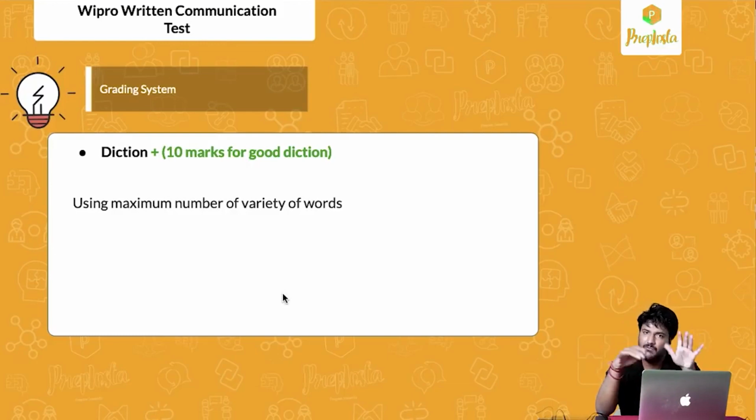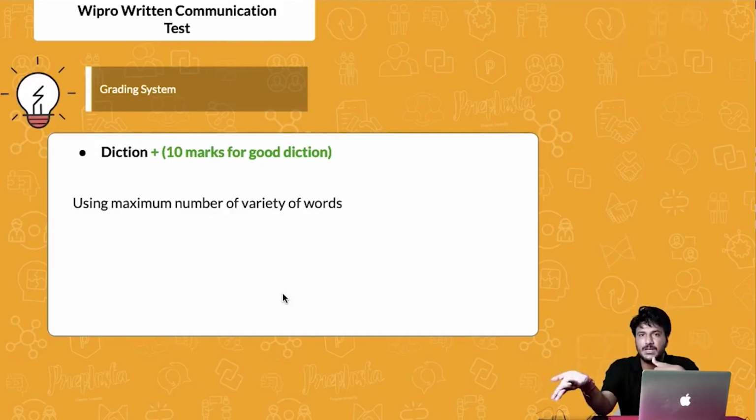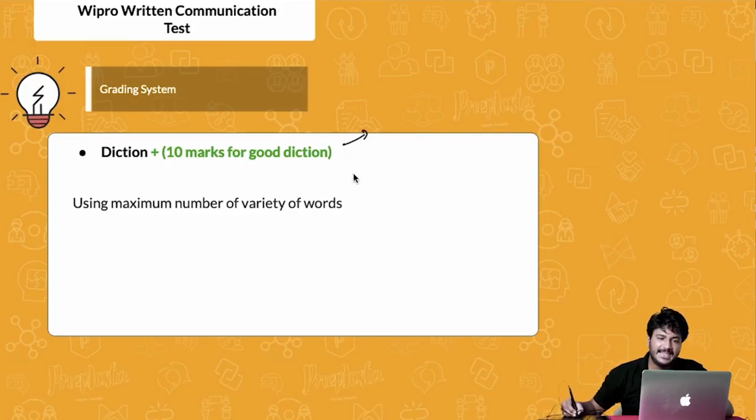Maybe write it once, and then when you're proofreading it, change a word, count the number of words that you have used multiple times, and use a synonym of that particular word that fits better. So in that case, you're increasing your diction, right? So diction is basically 10 marks, and we do not exactly know, for example, what the density of diction is, let's say, 80%.